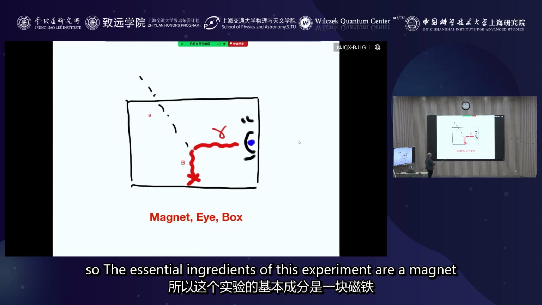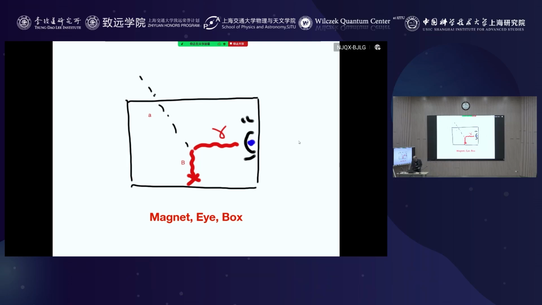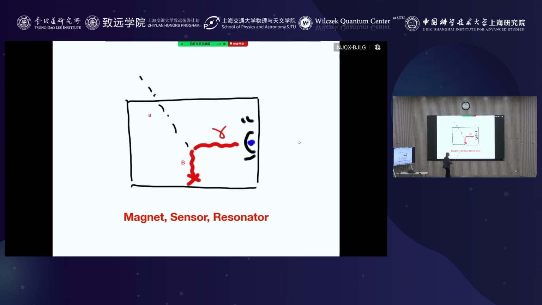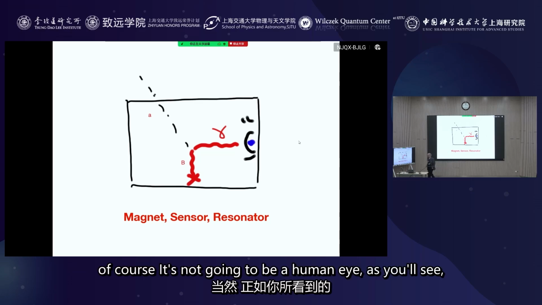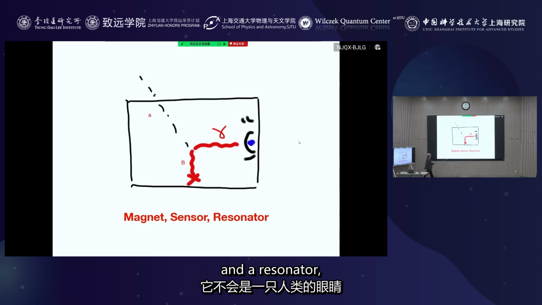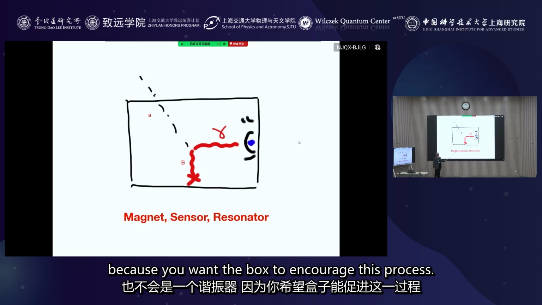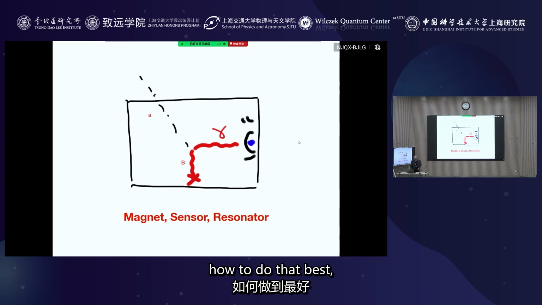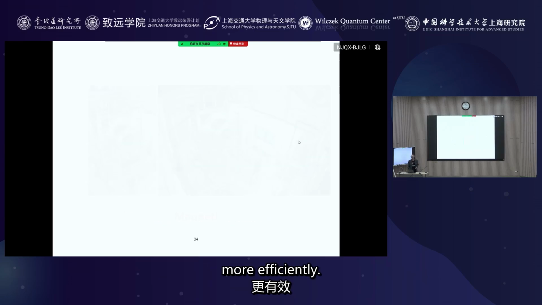So the essential ingredients of this experiment are a magnet, an eye, and a box, which in more scientific terms are a magnet, a sensor, of course it's not going to be a human eye, as you'll see, and a resonator, because you want the box to encourage this process. And we'll discuss how that's a non-trivial issue, how to do that best or efficiently.